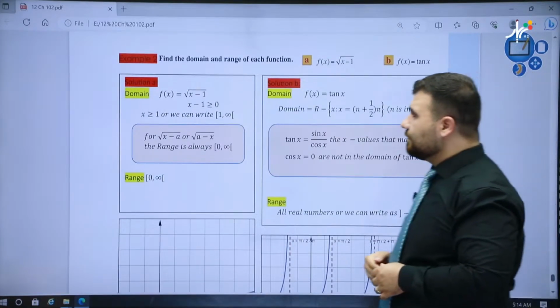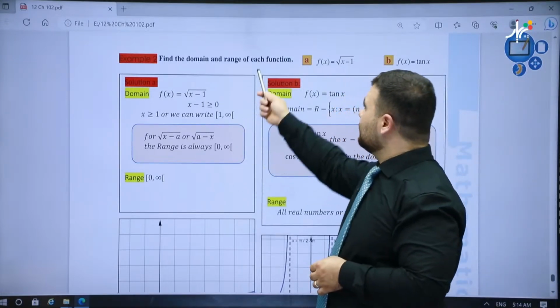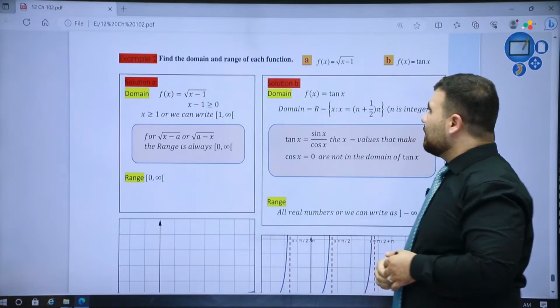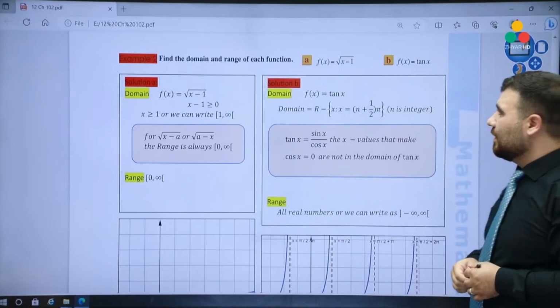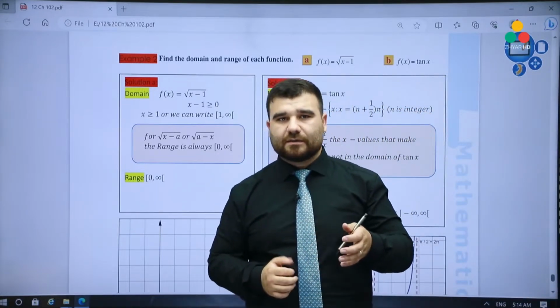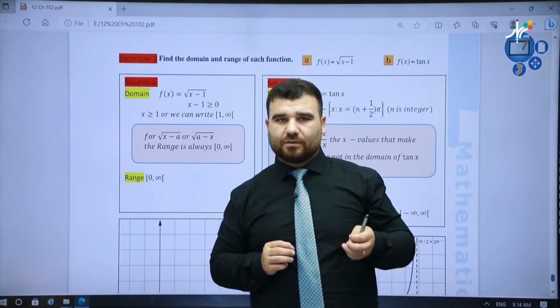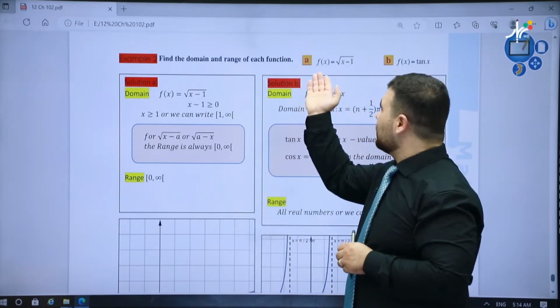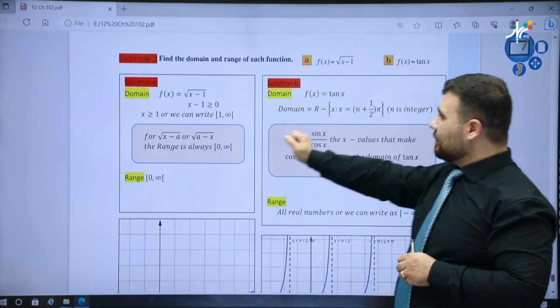There is an example. Find the domain and the range of each function. First one is radical x minus 1, secondly is tan. The first one is radical. To find domain of radical, we take what's under the root, greater than or equal to 0. Because the root is not under a fraction, it's just a square root, then what's under the square root?